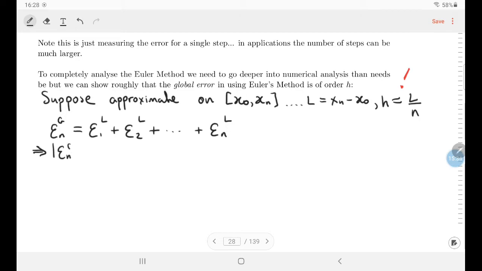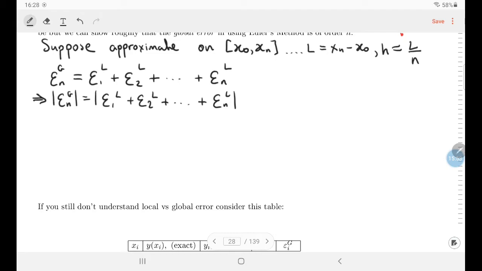Now what we're going to do is we're going to say that the absolute value of this global error is equal to the absolute value of this sum. This argument, by the way, is examinable, although is it appropriate? Maybe not. We'll talk about assessment in time. You can show that it's less than or equal to the sum of the absolute values, since the absolute value of a sum is less than the sum of the absolute values.